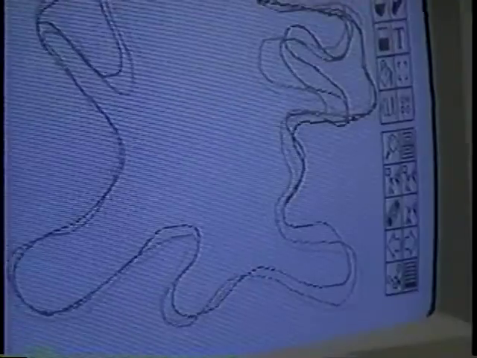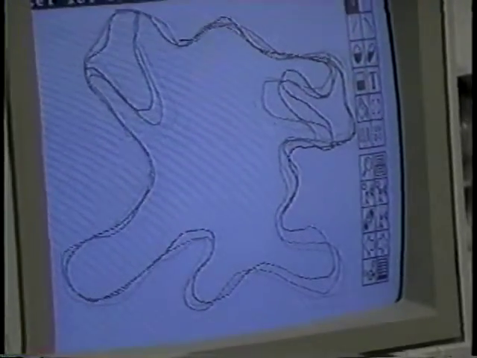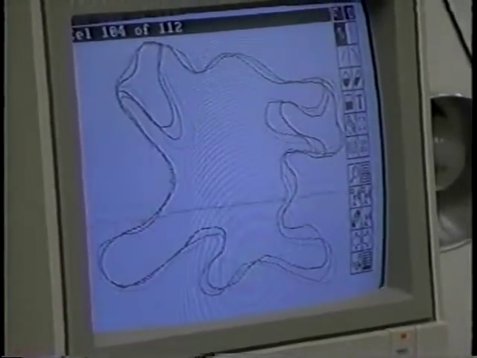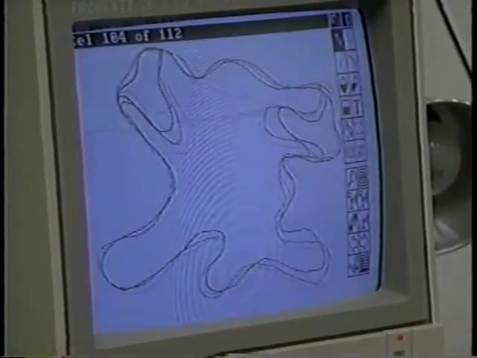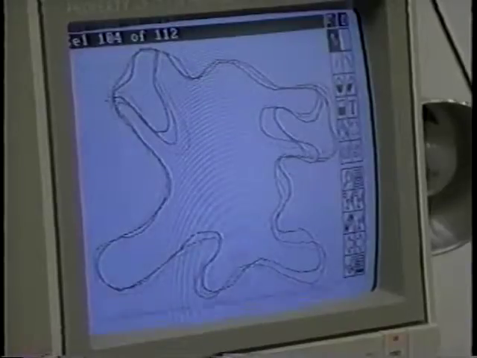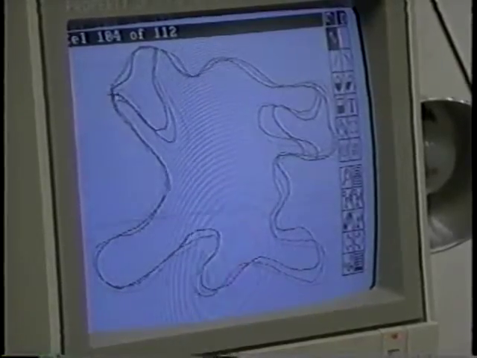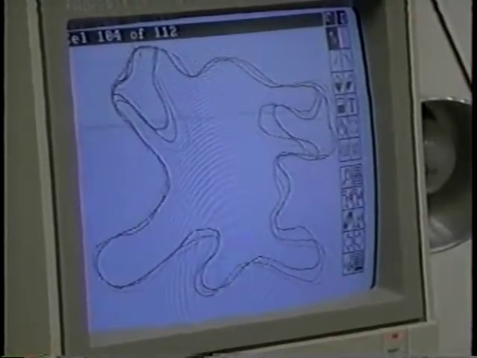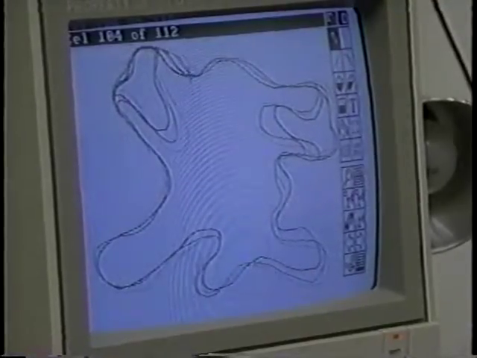This is the cell I'm working on right now. Same thing we have to do with this one here.